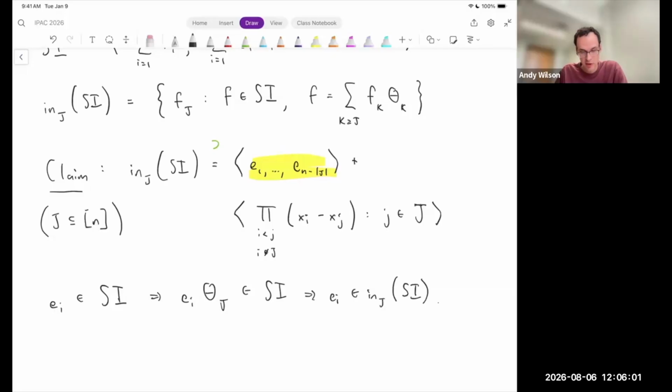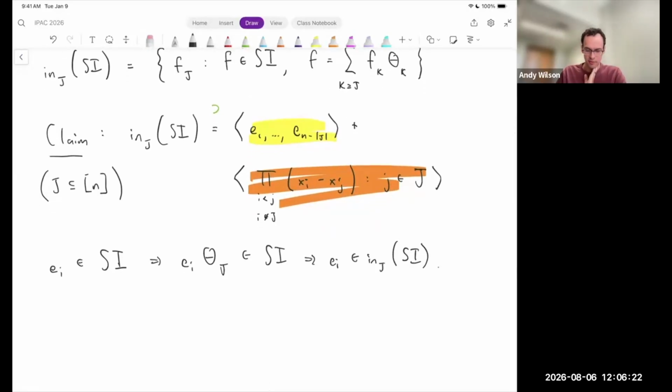So for proving the right to left containment, we're done with the E_i's at least. But the others will be a lot more work. How do we deal with the second type of generator? Any questions so far? This is kind of a recap.